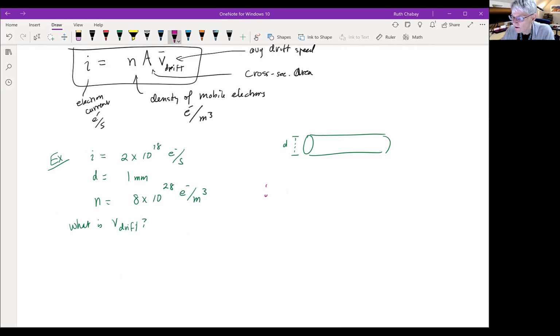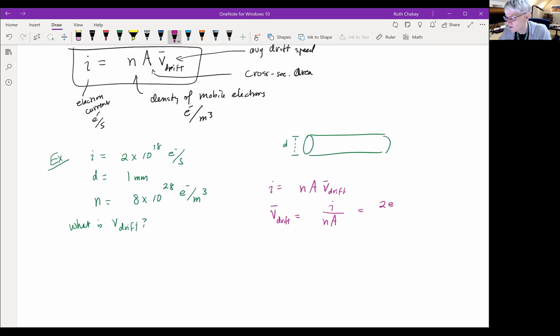Well, if the electron current is just n A v drift, the average drift speed, then v drift is going to be the electron current divided by the density of mobile electrons times the cross-sectional area.